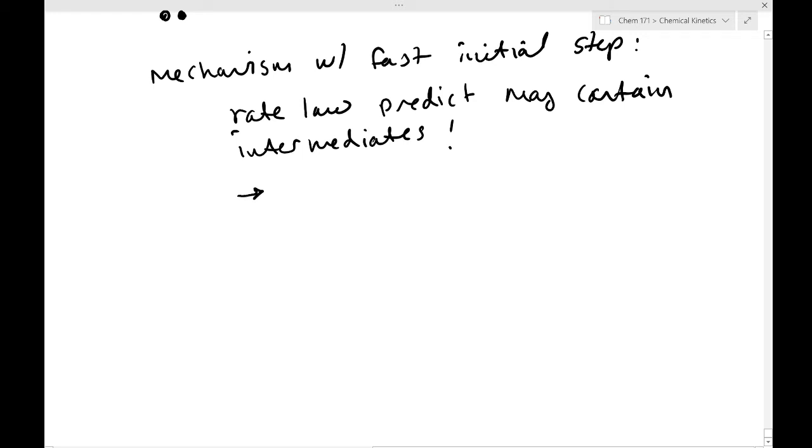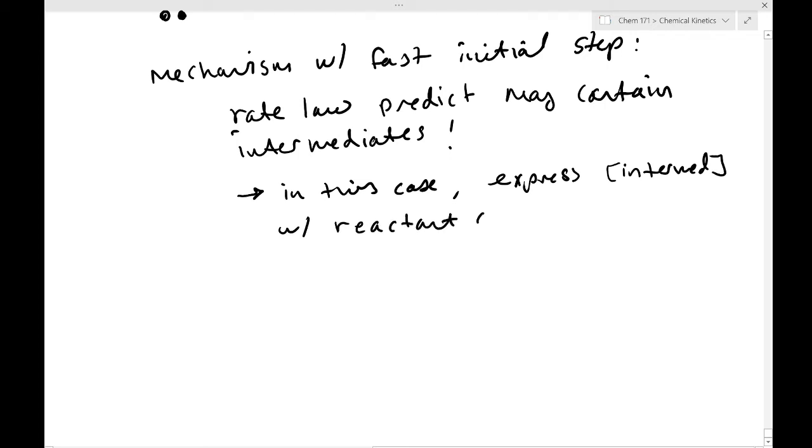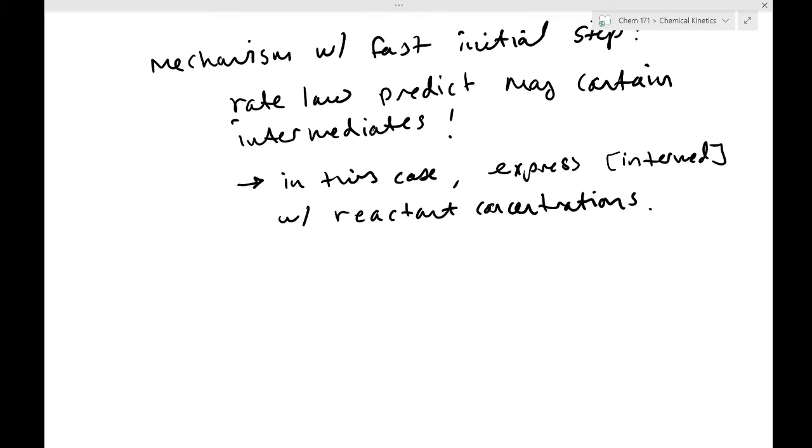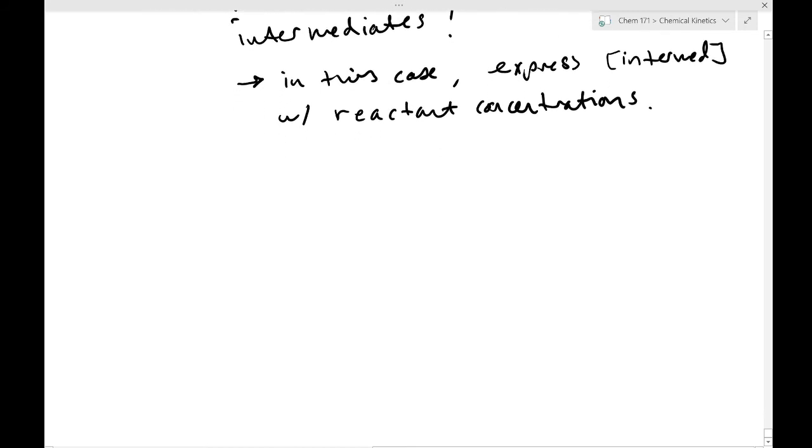If this happens, you need to express the concentration of the intermediate with the reactant concentrations. We don't want to actually leave the intermediate in the rate law itself. It wouldn't make any sense to have that.